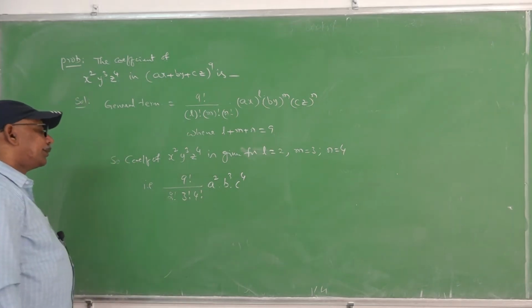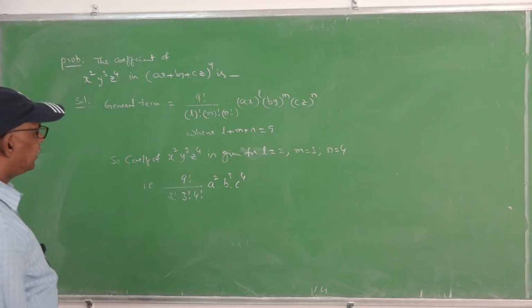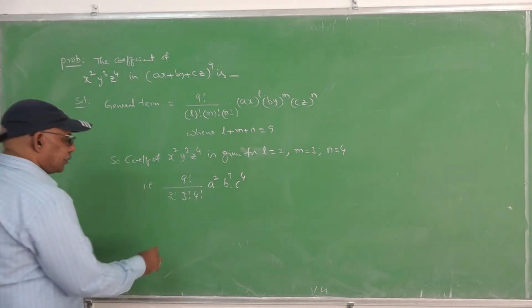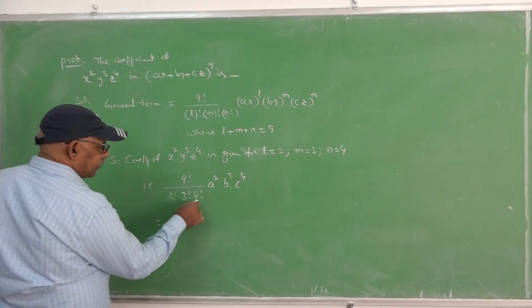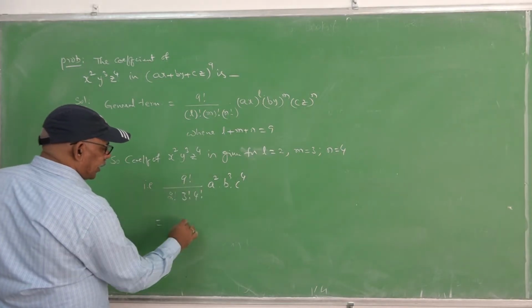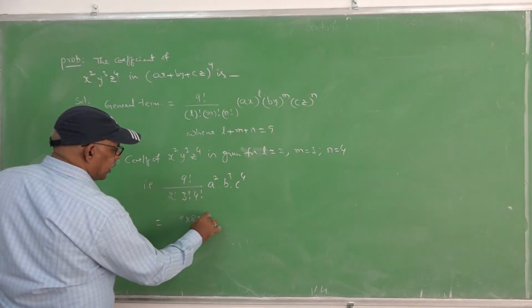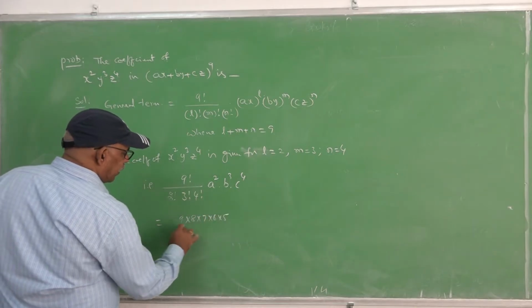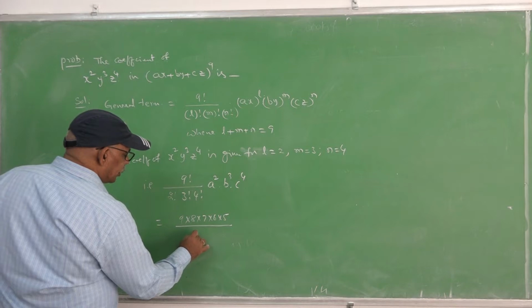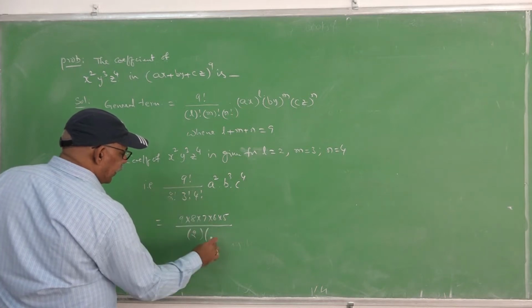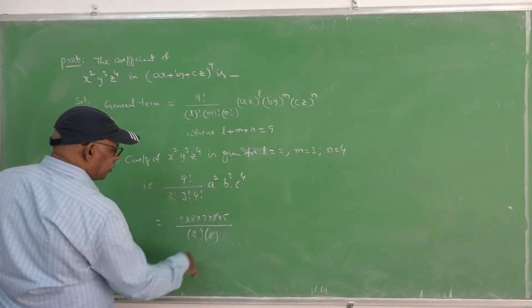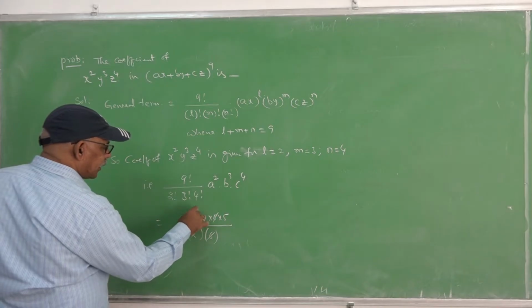value of the coefficient. That is equal to, on simplification, up to 4 factorial you can remove, so that 9 into 8 into 7 into 6 into 5 by 2 factorial, which is 2, and 3 factorial, which is 6. You can remove this one, you can remove this one.